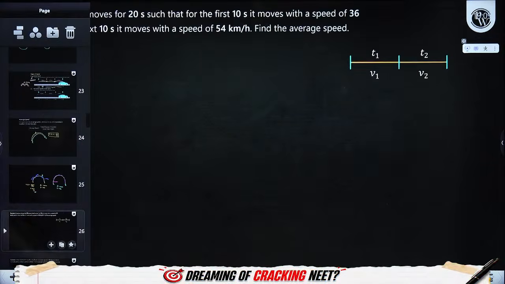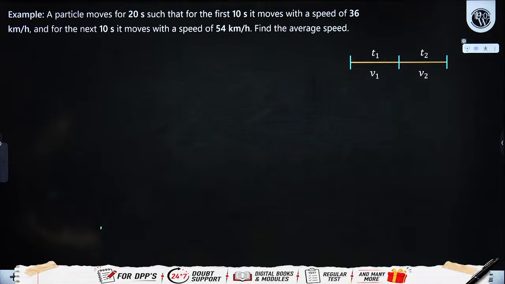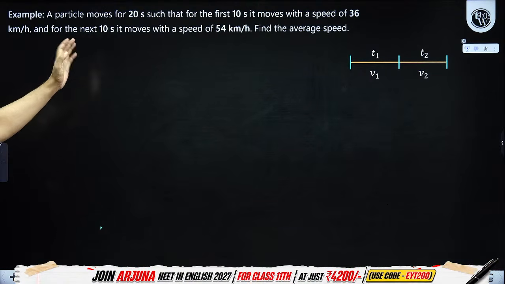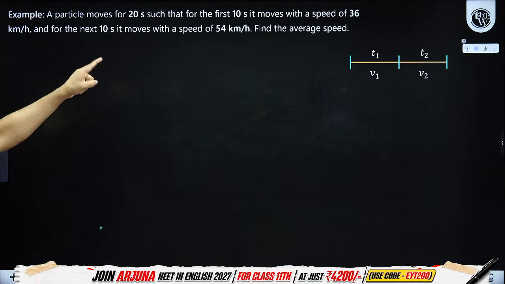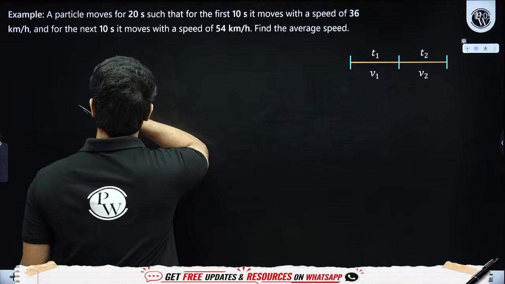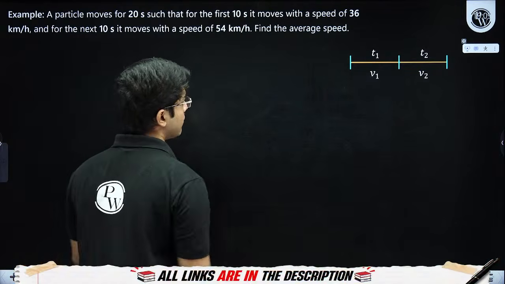And now there are some questions in which calculation of average speed is asked. So this is the first one. A particle moves for 20 seconds, such that for the first 10 seconds it moves with a speed of 36 kmph, and in the next 10 seconds it moves with 54 kmph.